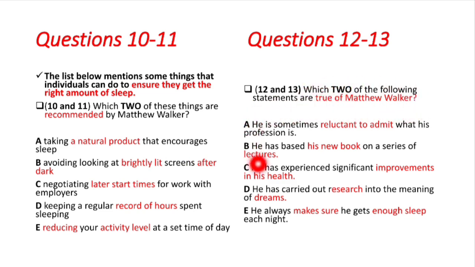So here they have given us some facts and information, and we should find which of them are about Matthew Walker, right? If Matthew Walker does something which is given here, that part is going to be chosen as an answer, okay?